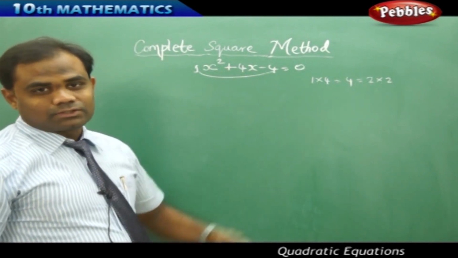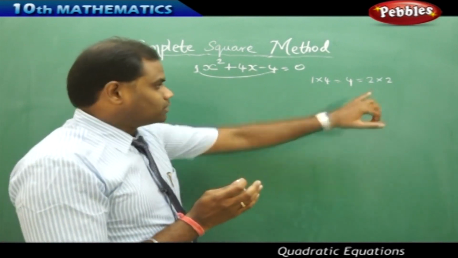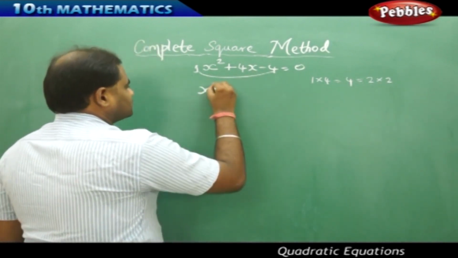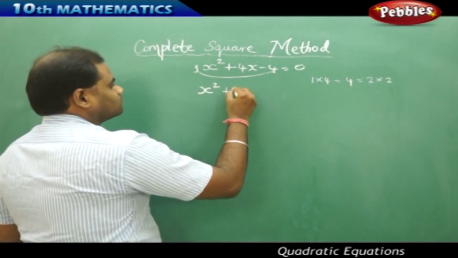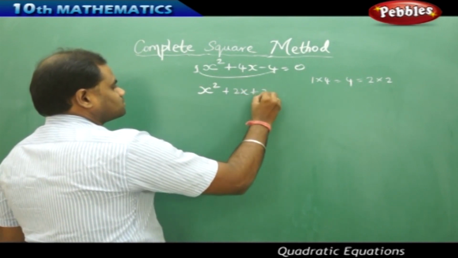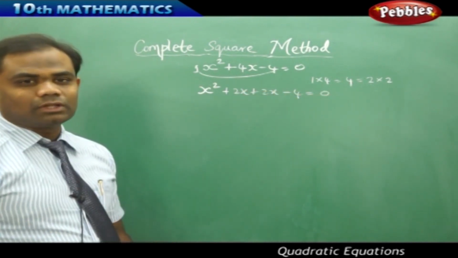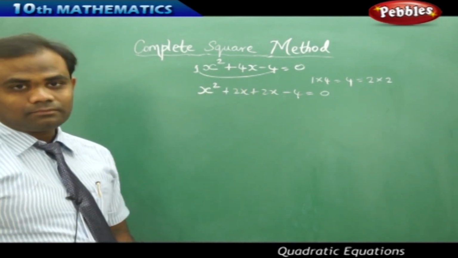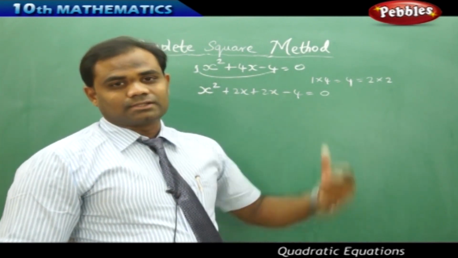So let's try to use the factorization method by splitting the middle term according to the factors of 4. So this can be further simplified by splitting the middle term 4x, which can be written as 2x plus 2x minus 4 equal to 0. With all the possible factors identified here, this seems to work well. But the factorization method is not a success here.